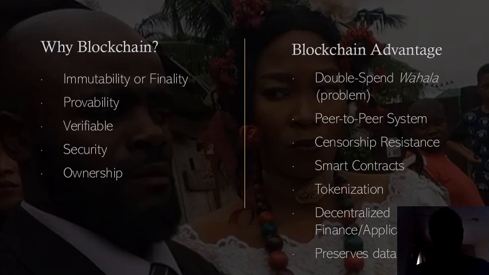Somebody can verify that this action actually occurred on the blockchain. You don't need to trust somebody. You don't need to trust the words of somebody who says he sent this or she sent this. You can verify by yourself because the system is trackable and traceable.